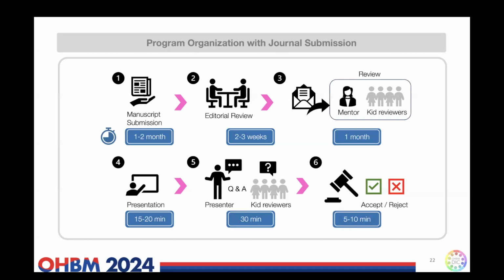They can have a Q&A session between the presenter and the kid reviewers, in addition to the walk-in participants, in our case, for the OHBM BMT event. And after the Q&A session, the kid reviewers can discuss and determine to accept or reject the manuscript, just like what we do for major adult-targeting journals. They can make a decision like that.